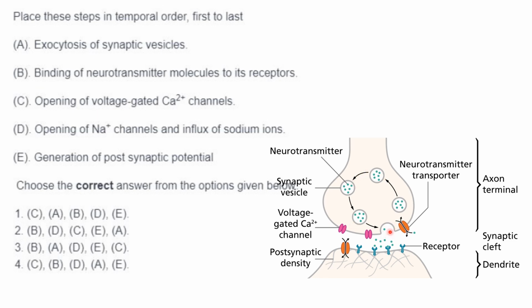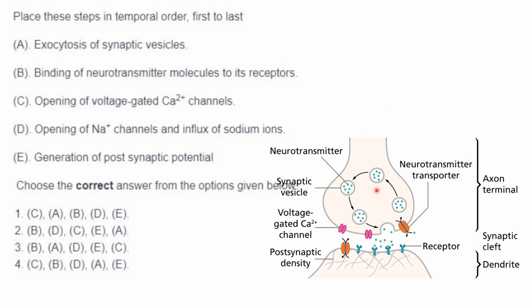This is the synaptic vesicle fusing with the membrane and releasing acetylcholine. These are accepted by the receptor of the postsynaptic cell. Then there will be opening of the Na+ channel and influx of sodium ions, resulting in the generation of postsynaptic potential.